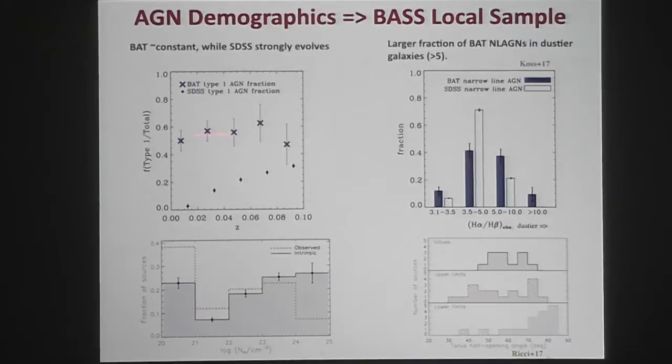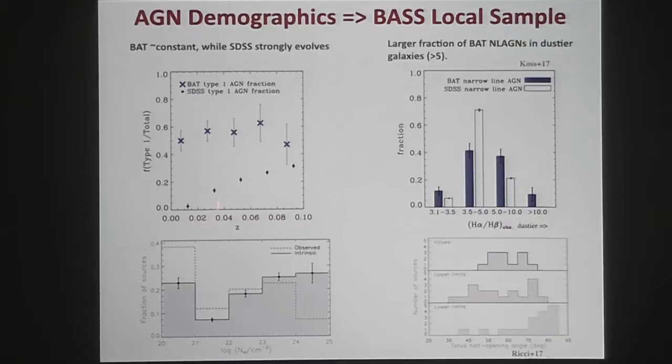Okay, if you compare BAT to the Sloan Digital Sky Survey, which selected objects above magnitude 17 and took a spectrum of them, the type 1 fraction, which is essentially the type 1 to total fraction, is about half for the BAT sample, whereas for the Sloan sample it increases as a function of redshift.